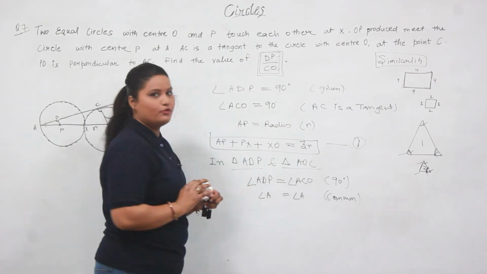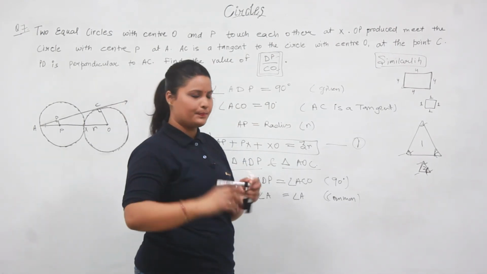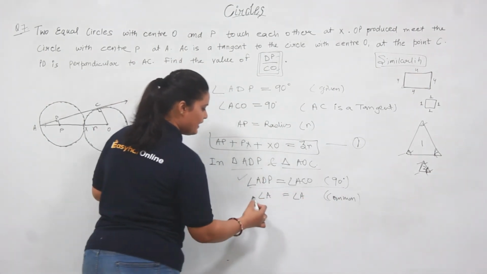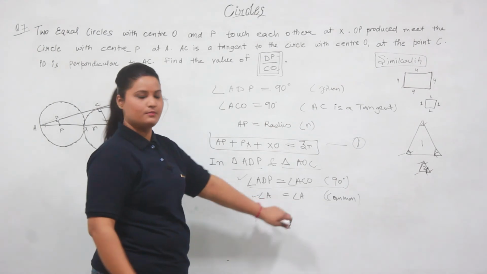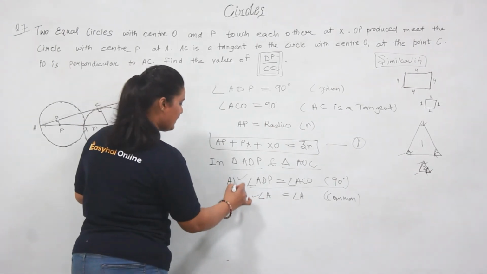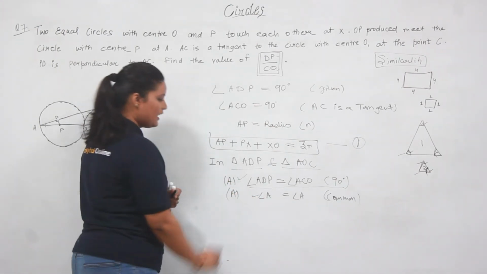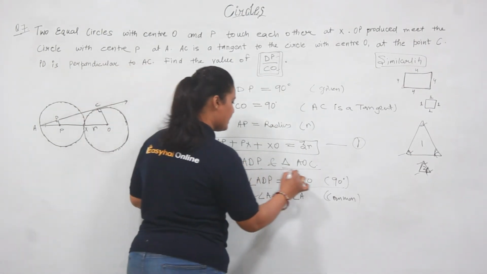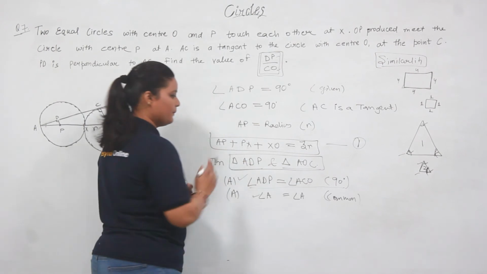I have already proved that this is a 90-degree angle and this angle is common, so by the AA similarity rule I can say these two triangles are similar to each other.